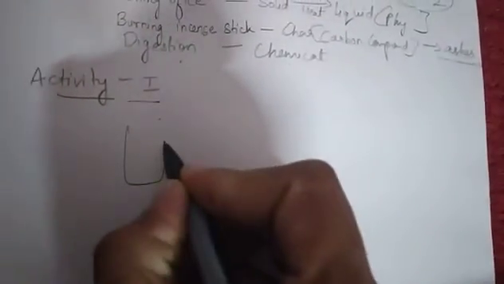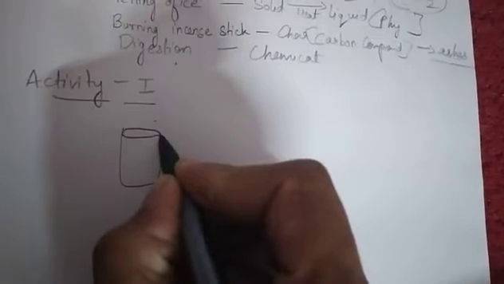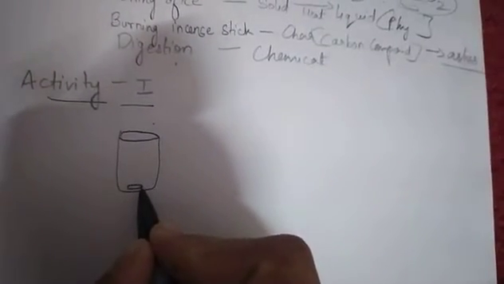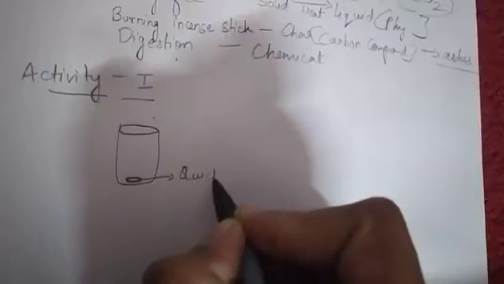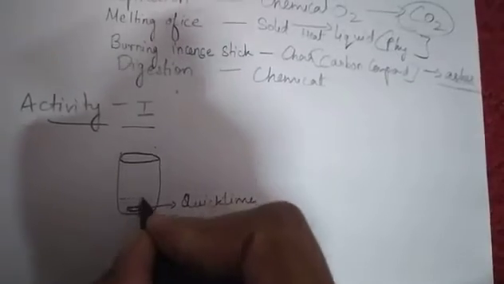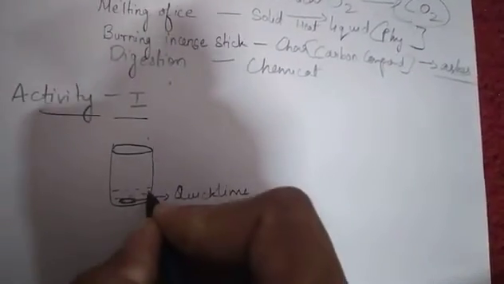First activity: take a beaker, add 1 gram of quicklime, and then add 10 ml of water.